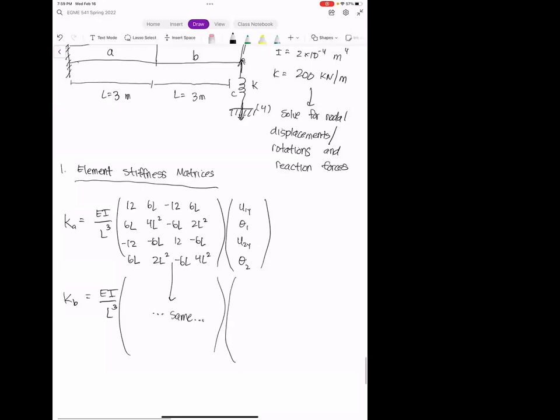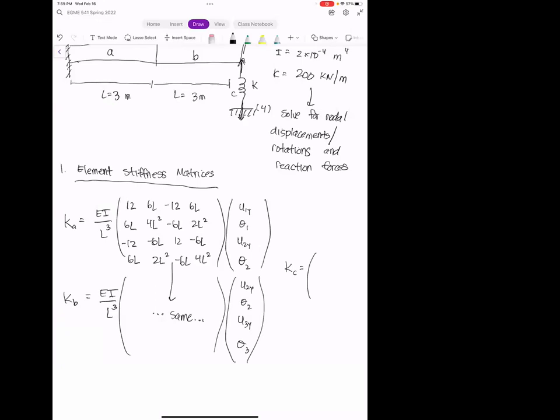And element B here is connected to nodes 2 and 3. So this is going to be u2y, theta 2, u3y, theta 3. All right, so those are the element stiffness matrices for the two beams.